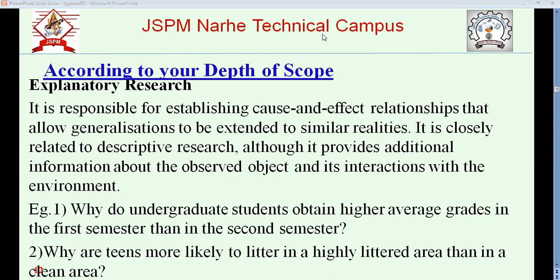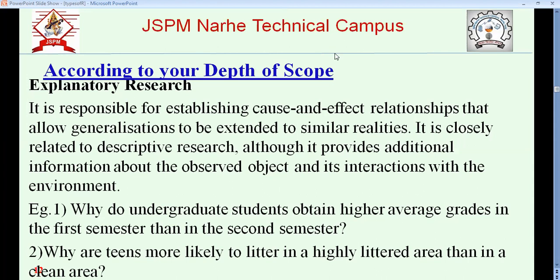So that is called explanatory research. That is called what? Explanatory research. Like why a particular student gets good marks in the first semester of a degree, but doesn't get good marks in the second semester. Because we know that in the first semester they are more serious about the study.